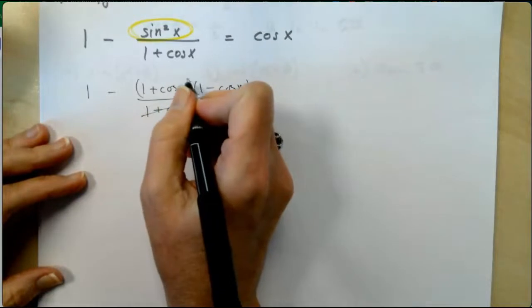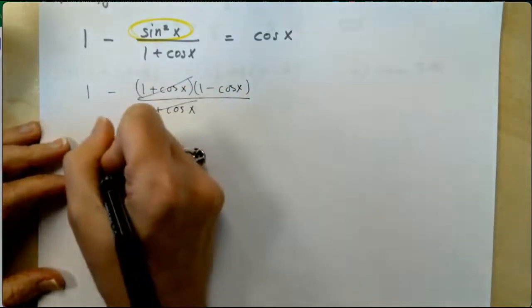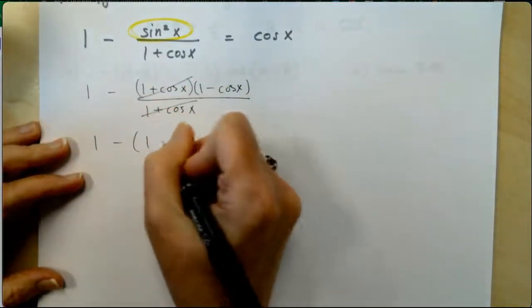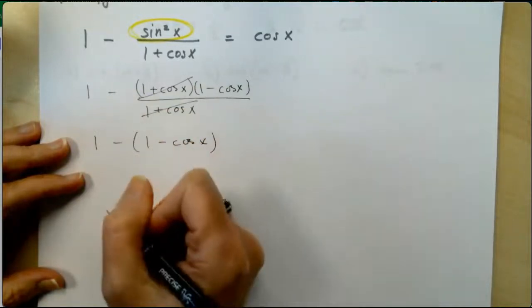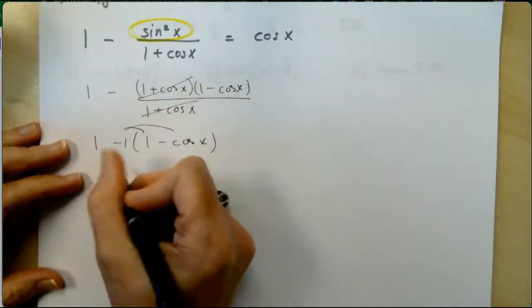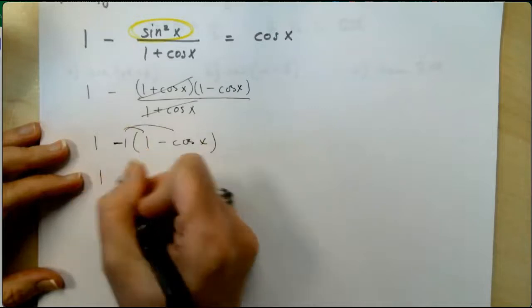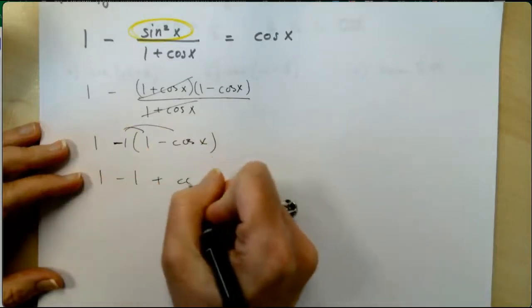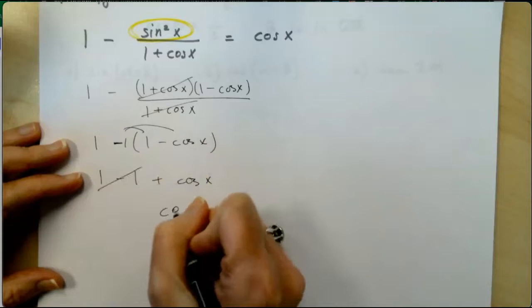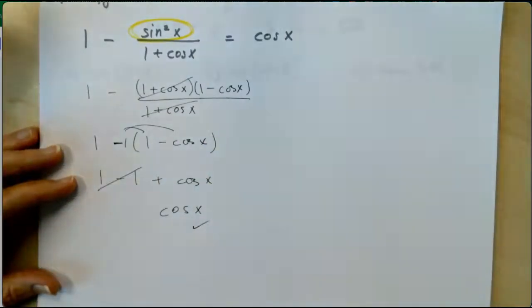So that quantity cancels, and I'm left with 1 minus cosine x. Distribute the negative 1, and we get 1 minus 1 plus cosine x, and that is cosine x, and we're done.